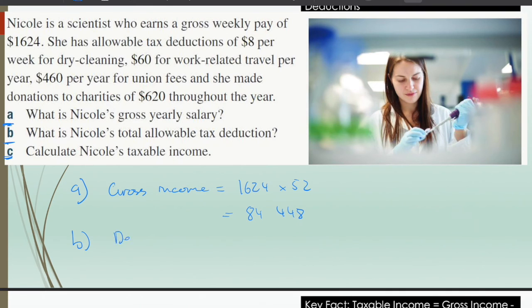Her deductions are $8 a week times 52 weeks out of the year. She gets $60 in work-related travel, and she gets $460 a year of union fees, and she also donates $620 to charity. So again, you can just whack all this in your calculator.